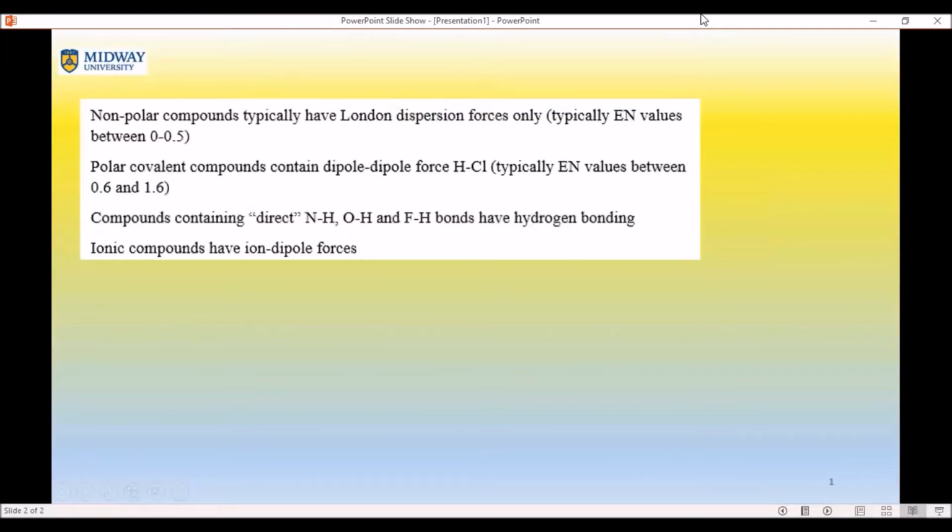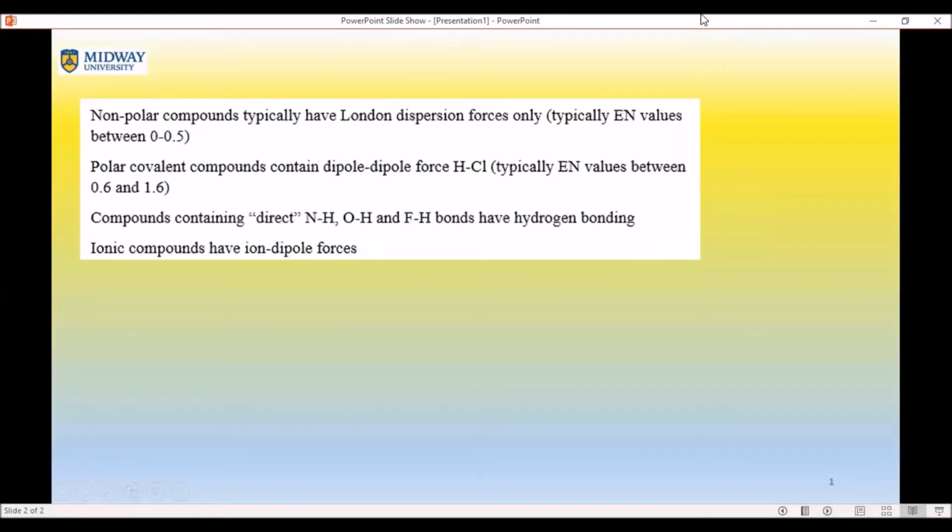So it's easy to identify ionic compounds because you typically have a metal and a non-metal combination, and ionic compounds typically have ion-dipole forces, right? I'm going from the bottom to the top. Compounds that contain a direct nitrogen-hydrogen bond, oxygen-hydrogen bond, or fluorine-hydrogen bond exhibit hydrogen bonding.